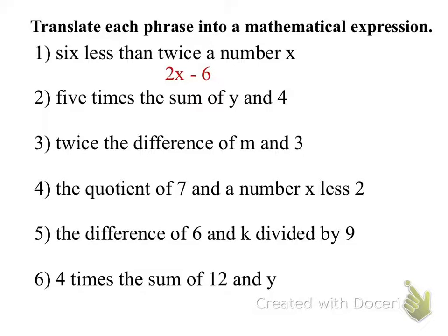Okay. Next one, let's go with Josh. So 5 times the sum of y and 4. There's a better way to say it. And keep it in order. Okay, Brady? Josh said something. So it's 5, then would it be parentheses y plus 4?